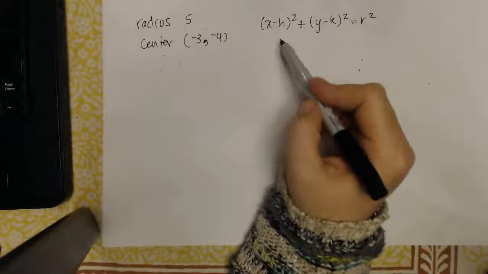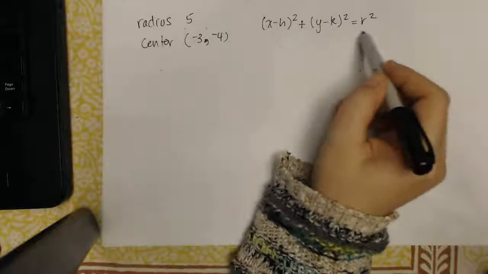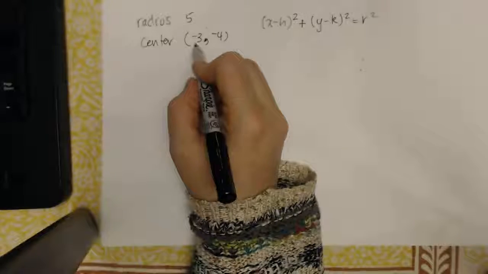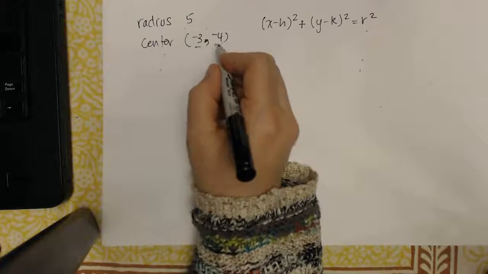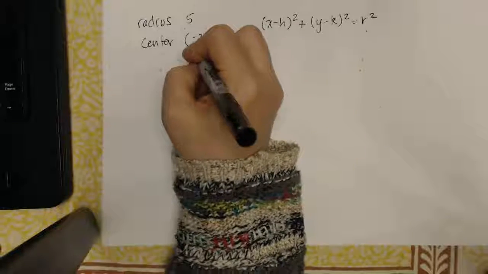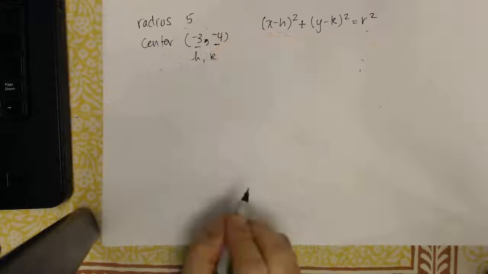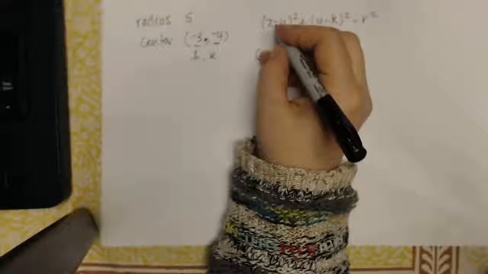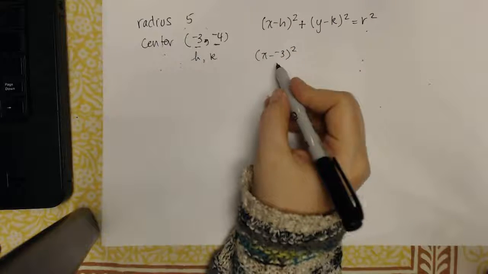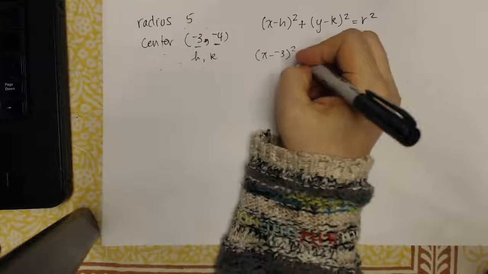Now I wrote again over here for you on the side the standard equation for a circle, and so we're just going to plug in the 2 points. Since this is the center, we'll plug in the h and the k value. Remember, this center is in that same order, h and k. So for h, I'm going to plug in -3. And then watch, because you've got a double negative there.